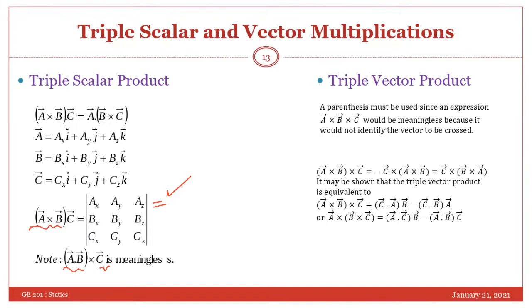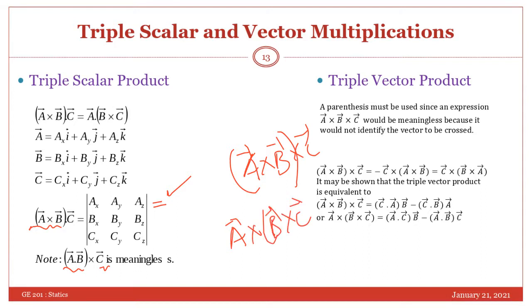Now triple vector product. In triple vector product, if it is written like vector A cross vector B cross vector C, this is also meaningless because you don't know which to which cross. Either you have to write A cross B, then cross vector C, or you have to write vector A cross, B cross vector C. Okay.